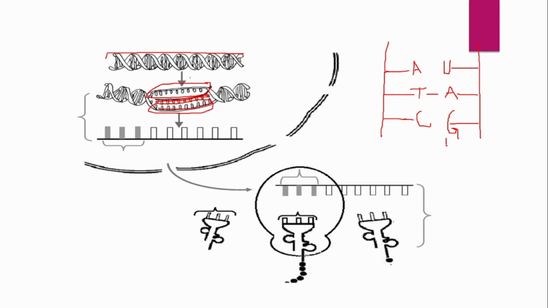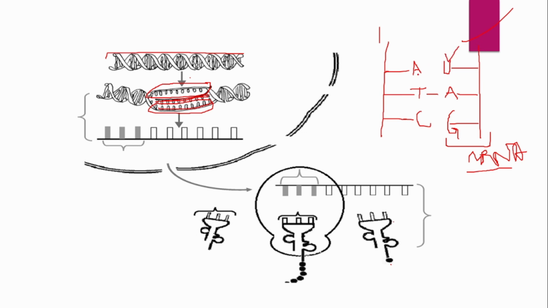So this is now messenger RNA. It is important to note that since we are forming messenger RNA, it has uracil instead of thymine.